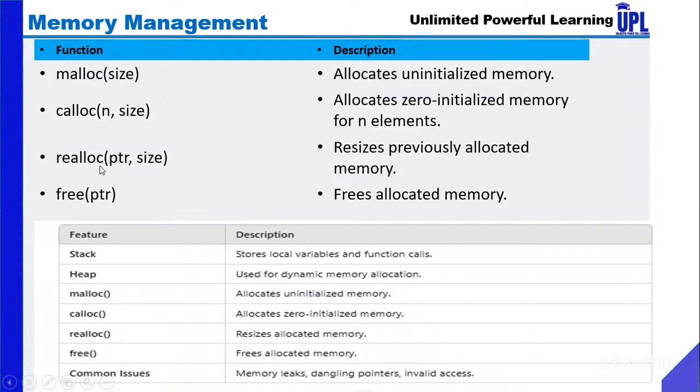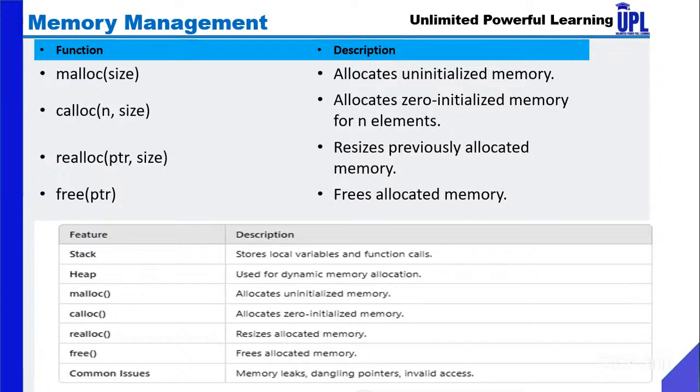Realloc is when you have a memory that you have used, but at this moment you can enlarge it. For example, initially you are using 4 bytes, suddenly you need 8 bytes. Then you can add some more 4 bytes so that the earlier data is not lost. This is called realloc. And after usage of all these 3, I can free it. That's called free.